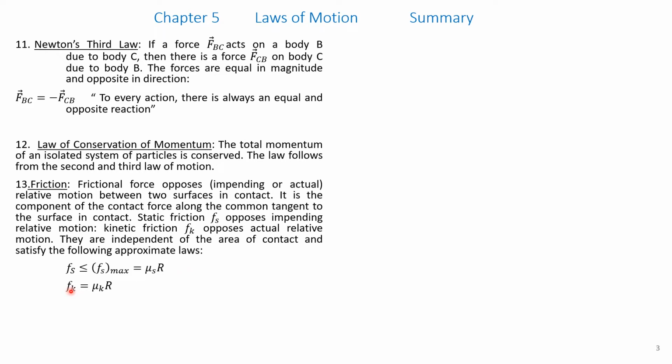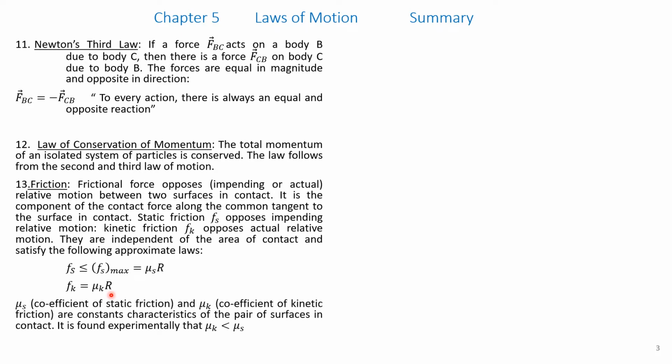Fk, that is kinetic friction, equals mu k into R, where mu k is the coefficient of kinetic friction. Mu s and mu k are constants characteristic of the pair of surfaces in contact. It is found experimentally that mu k is always less than mu s.